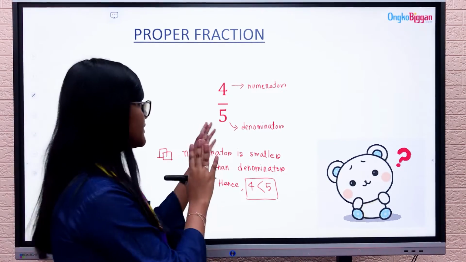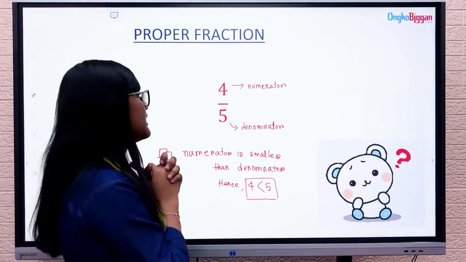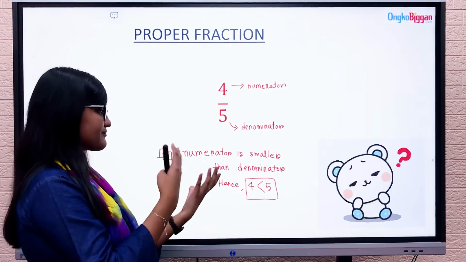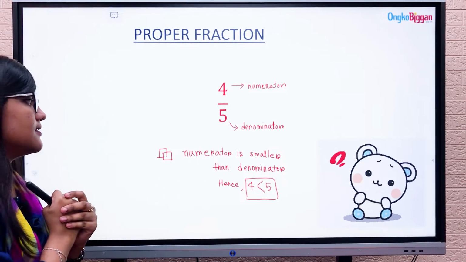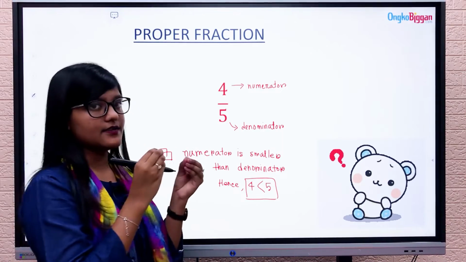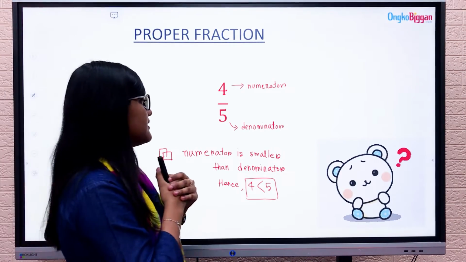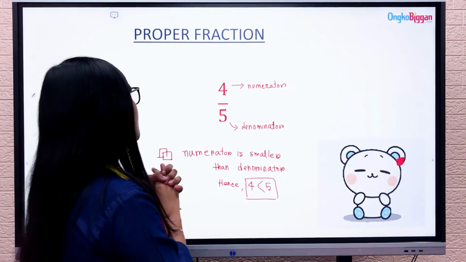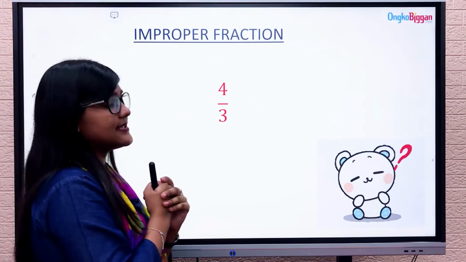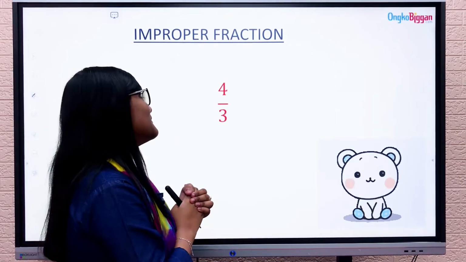That means the denominator must be the greater digit, and the numerator should be a smaller digit than the denominator. Here we can see 4 is a lesser value than 5, so it is a proper fraction. Moving forward, an improper fraction is just the opposite of a proper fraction.